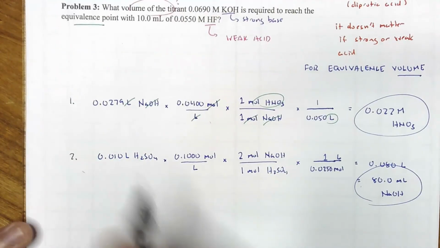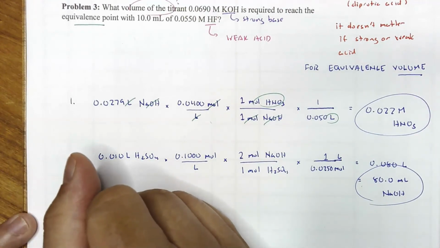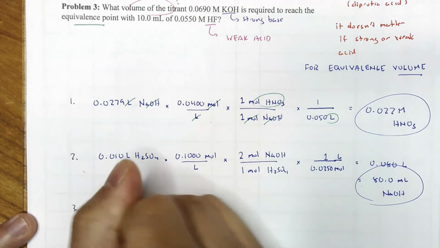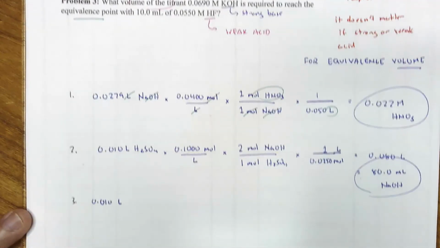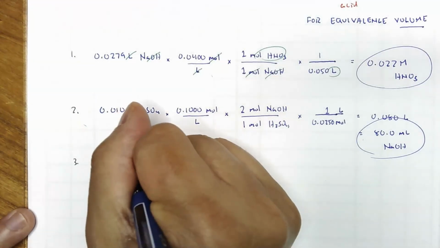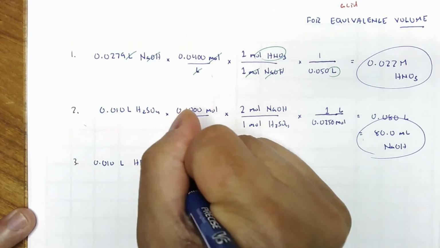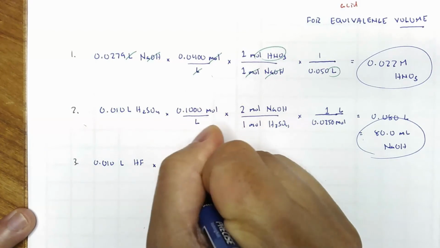Okay. Number 3, same calculations. We're going to calculate the moles of acid. So here we have, again, 10 milliliters of HF, and its molarity is 0.0550 moles per liter.